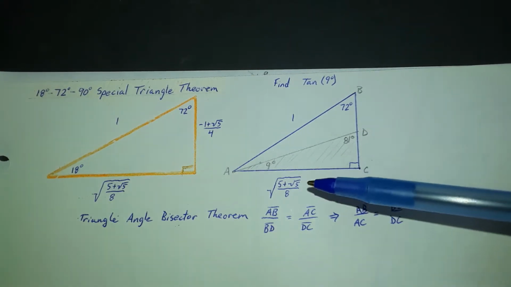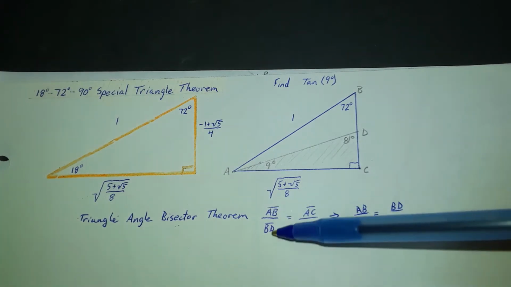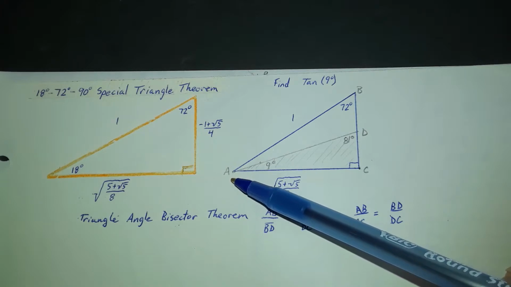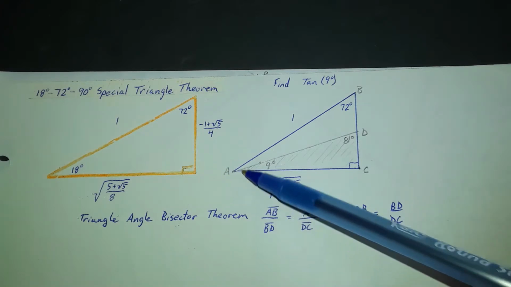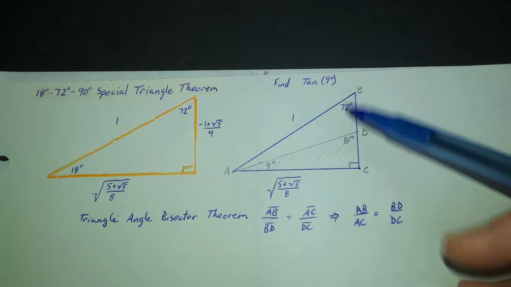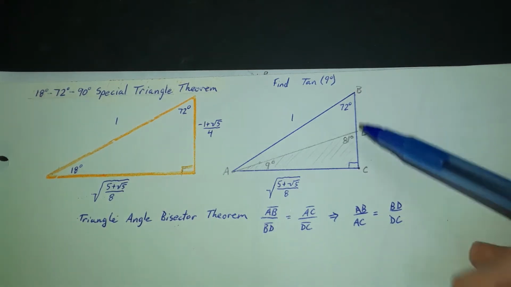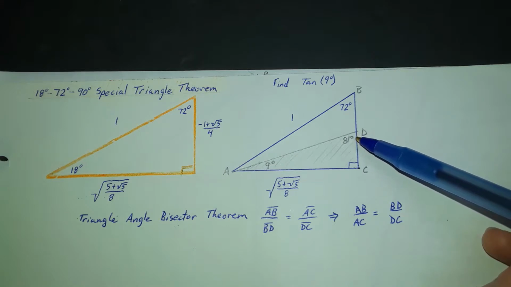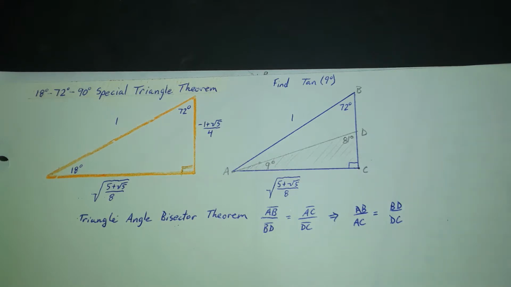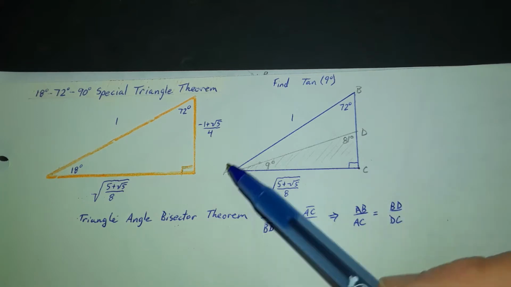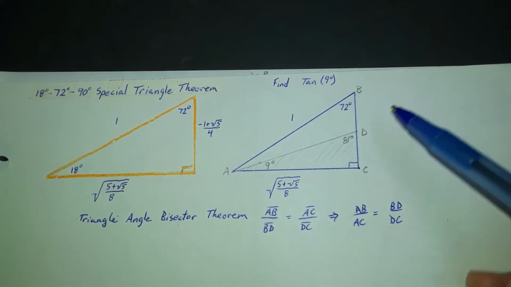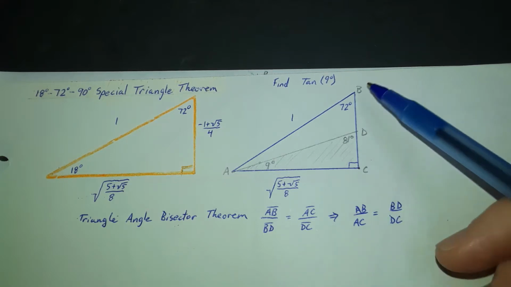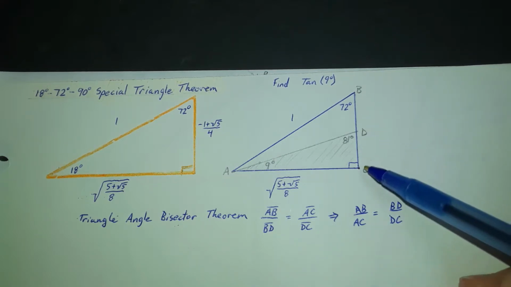And I've gone ahead and labeled this triangle so that all these letters are going to match up here. So I have this angle that we bisected labeled A over here at this vertex. We had this vertex labeled as B and C here, and then this intersection point is labeled as point D. So we're looking at AB, which is this side, to AC, which is this opposite side, to BD and DC.